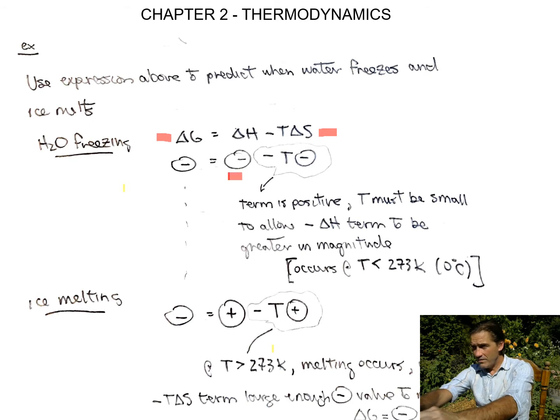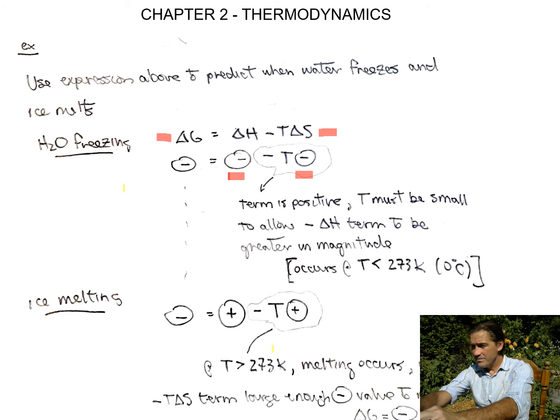We know that the delta H has a value for water, and in the case of freezing, the sign of that value is going to be negative because the system is losing heat.